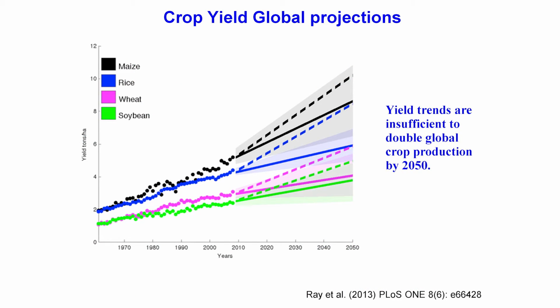We all know that we have to double crop production by 2050, so we have to work for that. The major problem with soybean is its reduced genetic diversity, which poses a lot of challenges to improving yield.